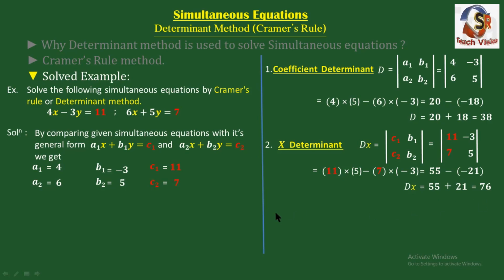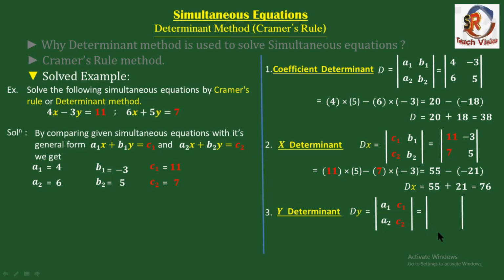Now consider the third determinant, which is the y determinant, denoted by Dy. We know that this determinant contains the first column, the coefficients of the x variable, which remain as they are, and the coefficients of the y variable in both equations are replaced by the constant values c1 and c2. Now put the values: a1 and a2, which are 4 and 6, and c1 and c2, which are 11 and 7.